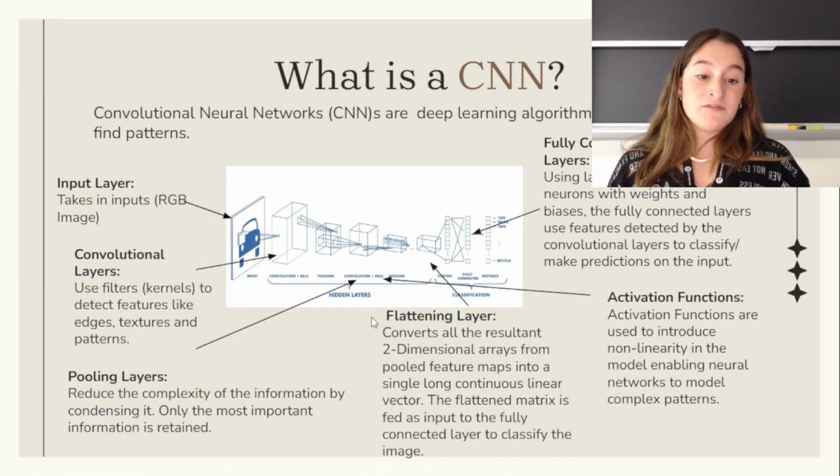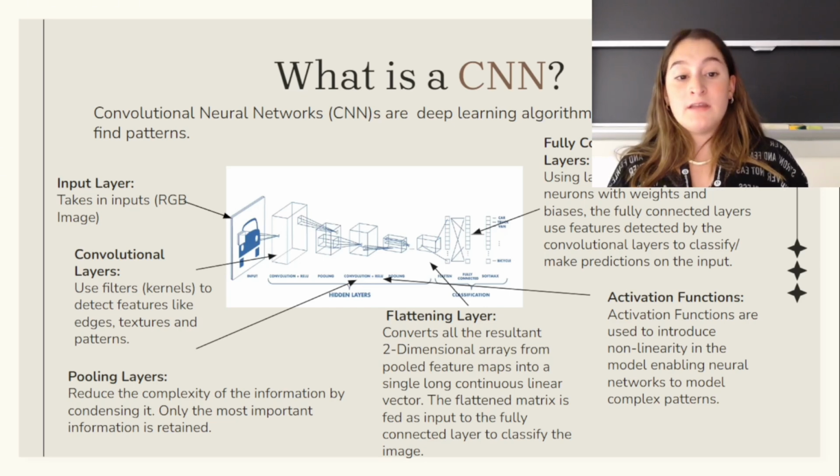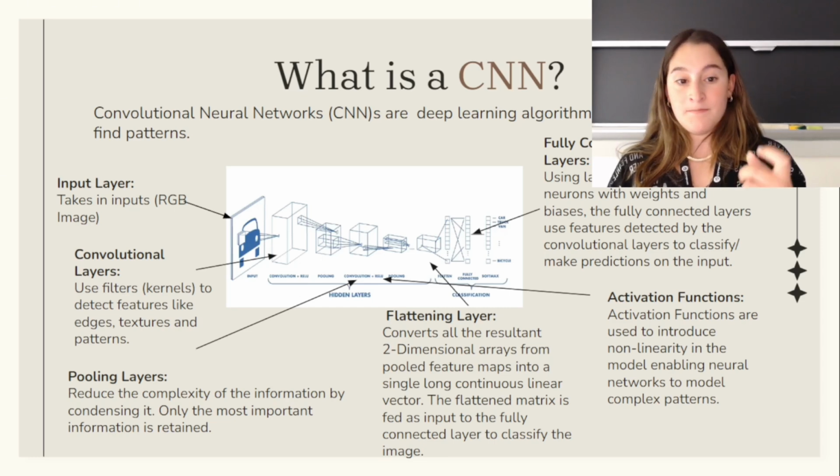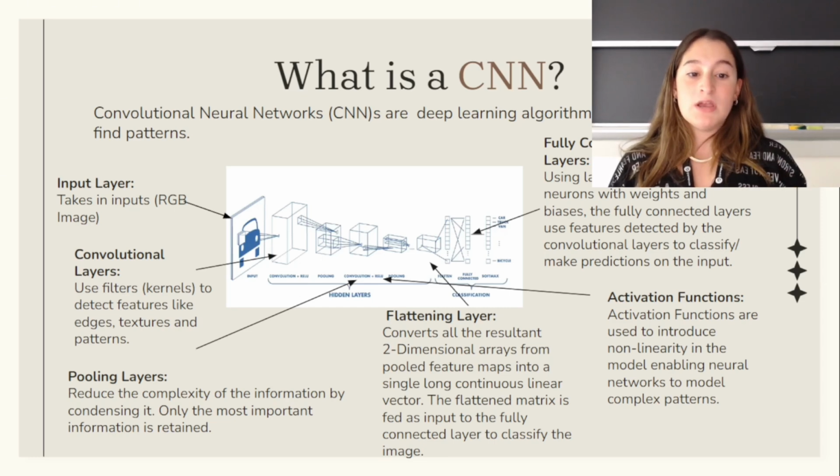Then the activation functions are used to introduce nonlinearity into the model, enabling the neural network to model complex patterns. And then finally, the fully connected or dense layers, which are also often called output layers, use interconnected neurons with weights and biases that use features to detect certain things about an image to then classify it and make predictions as an output.